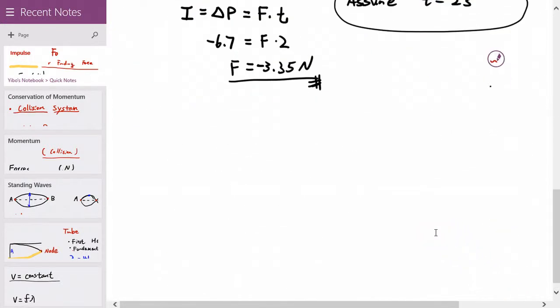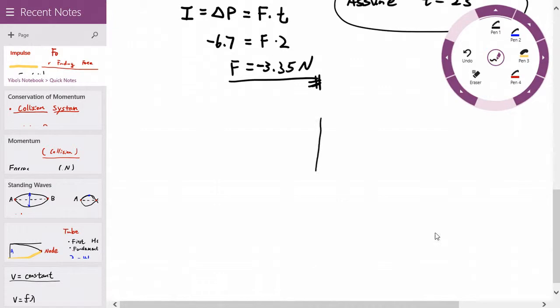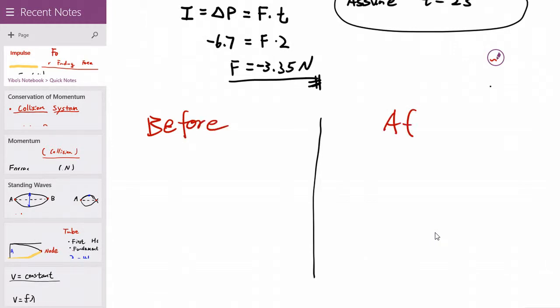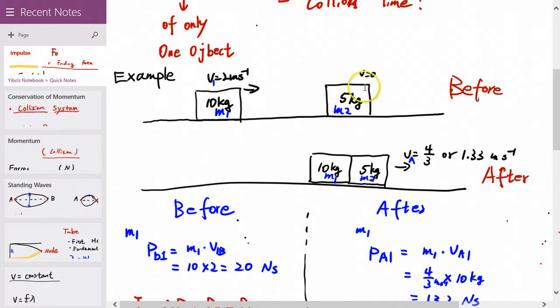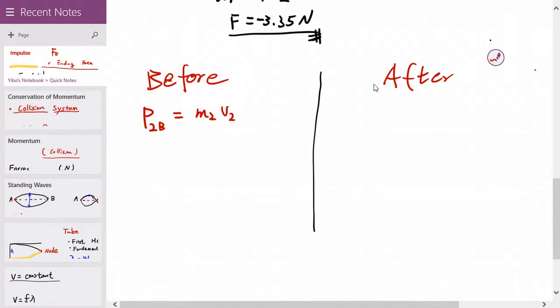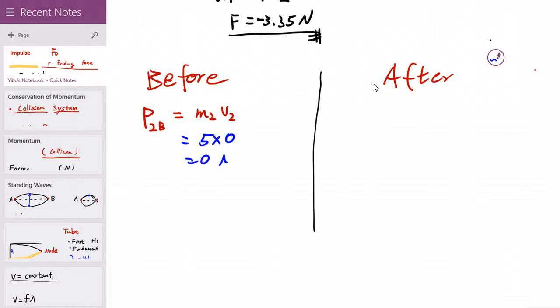So let me just show it to you. Before, the momentum of object 2 will be the mass of object 2 times its velocity, which is 5 times 0, which is 0 Newton seconds.